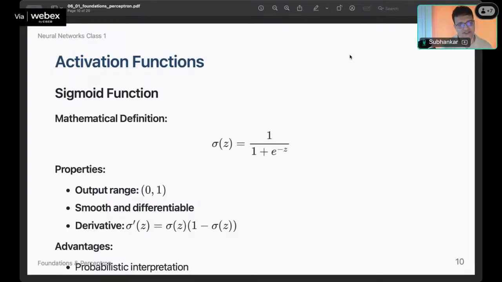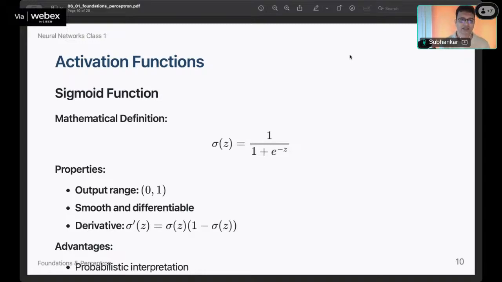One of the problems is basically if the z is super large, the sigmoid will saturate. That means its output will be very close to either 0 or 1. And what happens then is that the gradient itself will become tiny.